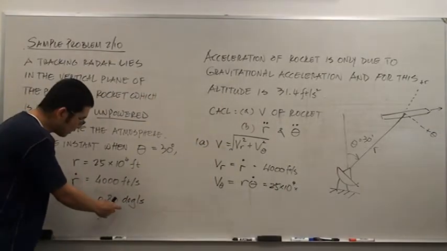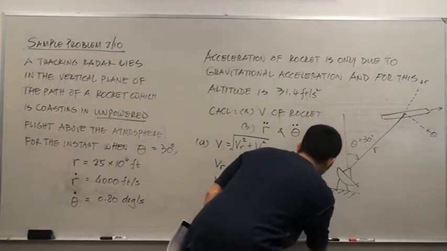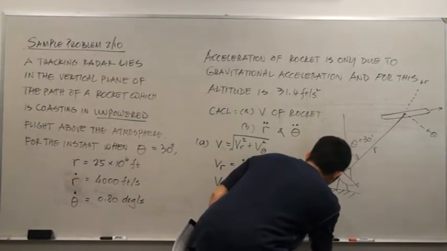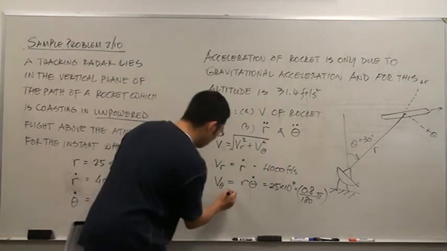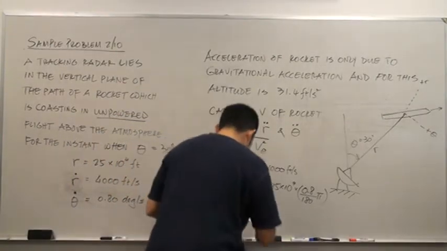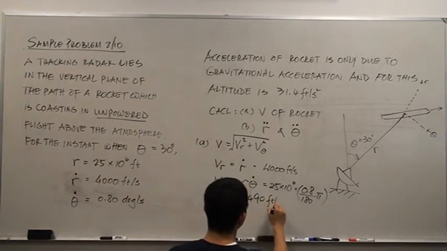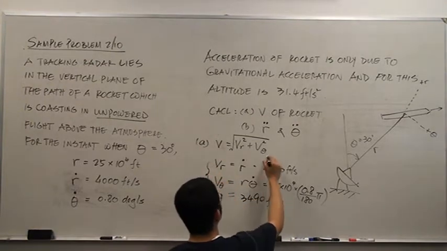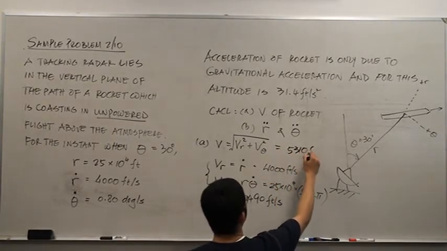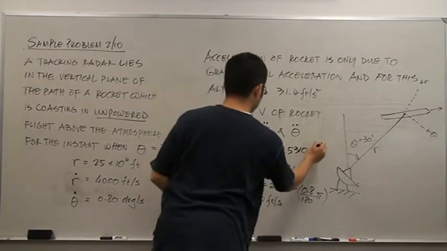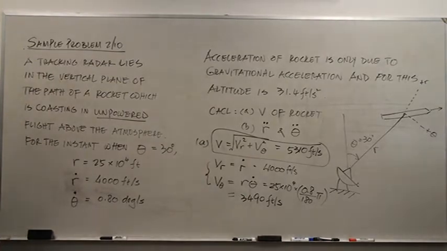I do need to change it to radians per second. So this is 0.8 divided by 180 pi radian per second. What I have here is 3490 feet per second. Combining these two, what you get here is 5,310 feet per second. So this is the answer for the first part.